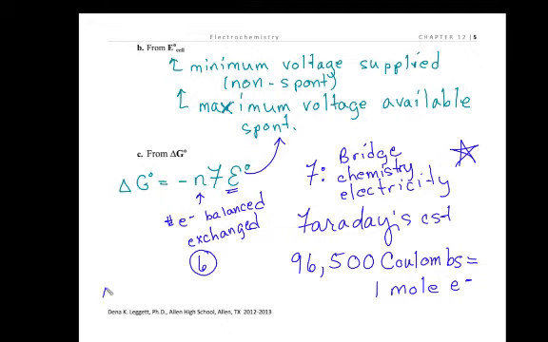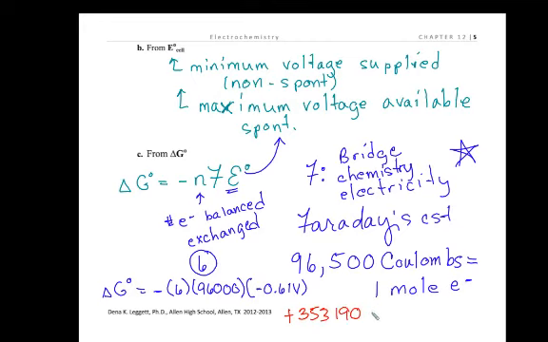naught. So for our reaction that we designed way back in about 5 videos ago, we have minus 6 times 96,500, and then a minus 0.61 volts. And when we do that mathematics, we're going to get a positive 353,190 joules.